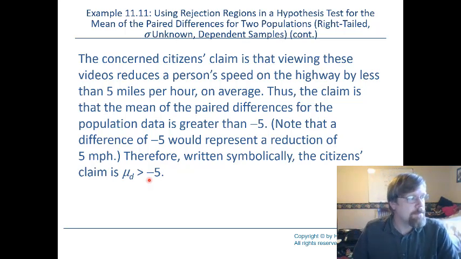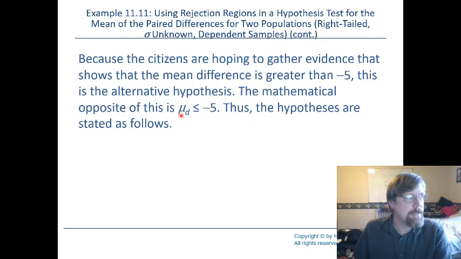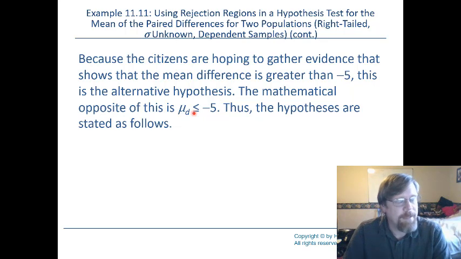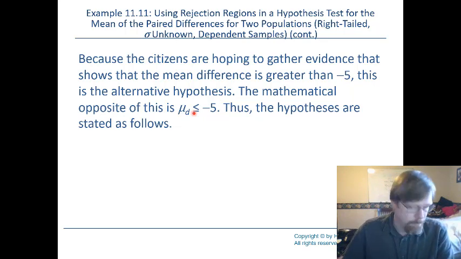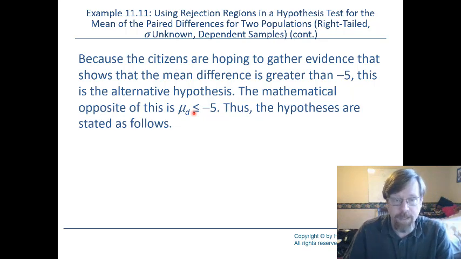So this would be our research hypothesis. The logical opposite is that the speed reduction is less than or equal to -5. Apologize. It does pay to take a minute and think through the positive and negative, in which direction you're thinking about, and what greater and less than means in those terms.